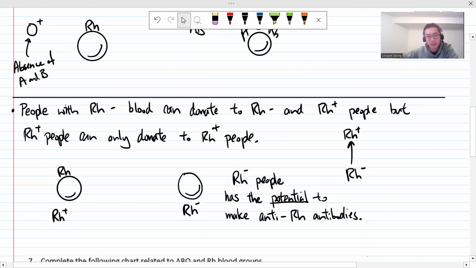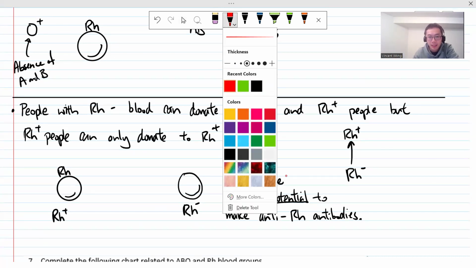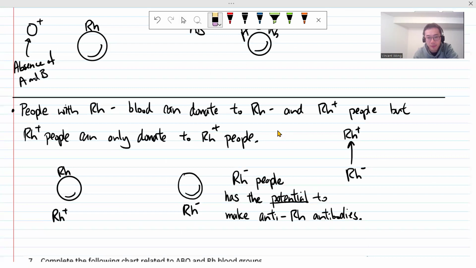This note right here. For people who are Rh negative, I wrote they have the potential to make anti-Rh antibodies. Okay, so listen. For the ABO blood group, we learned last time, if a person is type B, for example, they will make anti-A antibodies.